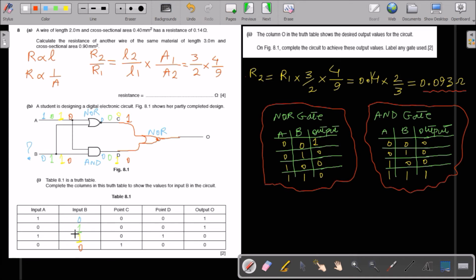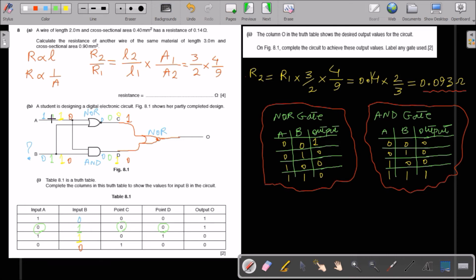Now check the second row. Again, input A is 0, input C is 0, input D is 0. Okay, now look at point C, because point C is the output of NOR gate. Input A is 0 for NOR gate.